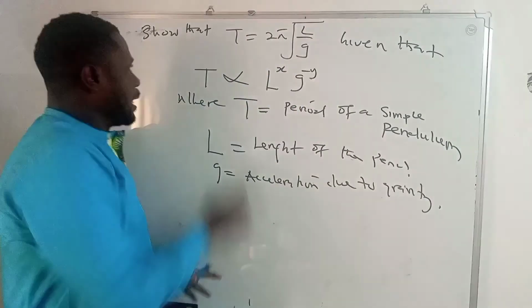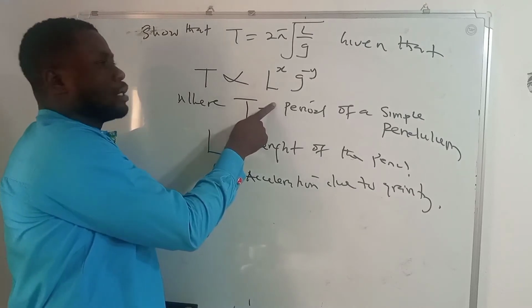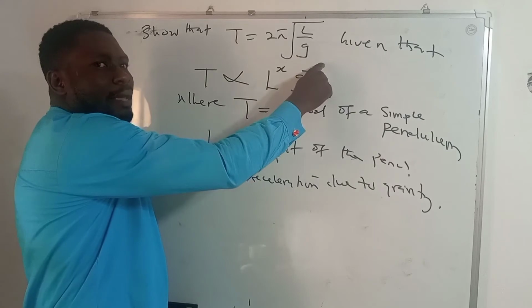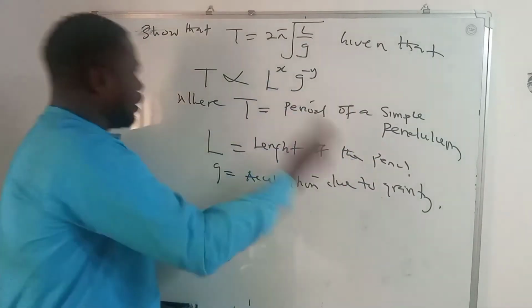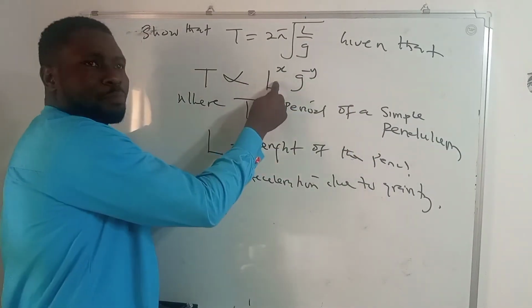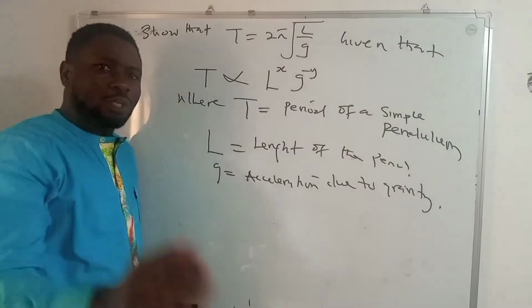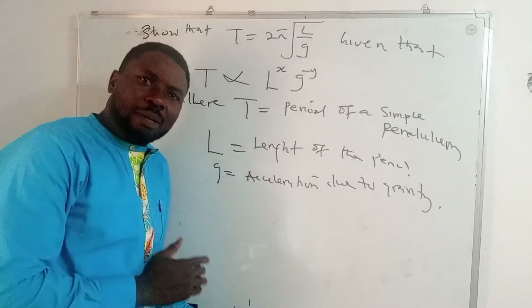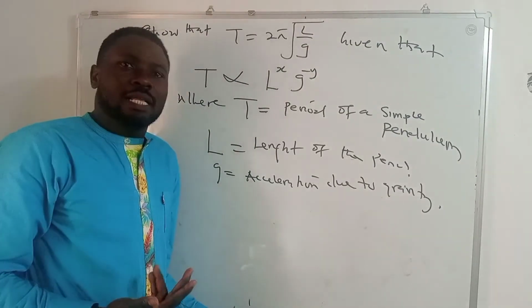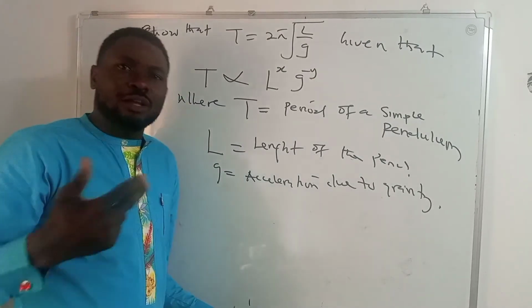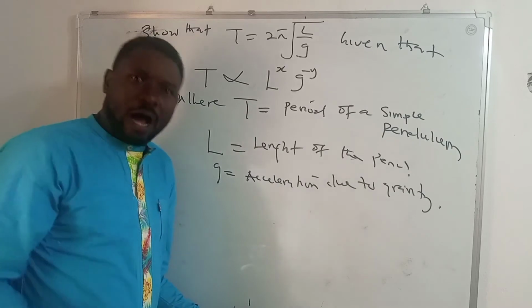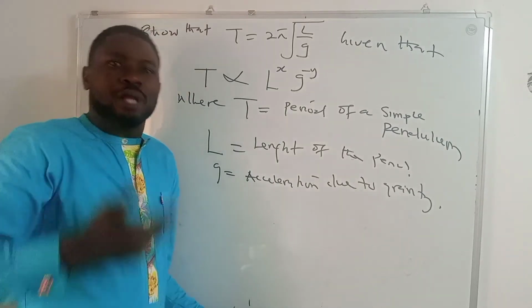They've given us that T is directly proportional to L raised to power x, g raised to power minus y, and they went further to tell us what T, L, and g represent. The other application of dimensional analysis is that apart from the fact that you can use dimension to derive a formula, you can also use it to confirm the consistency or the correctness of a formula.